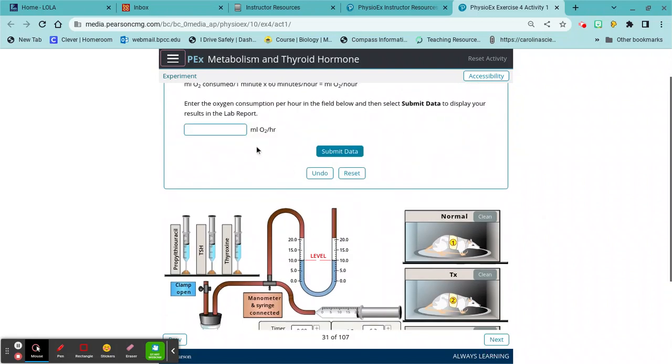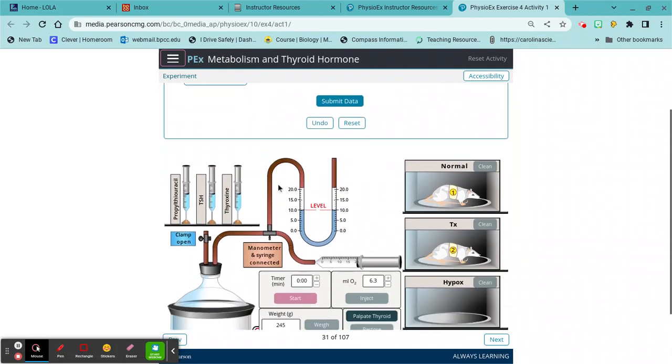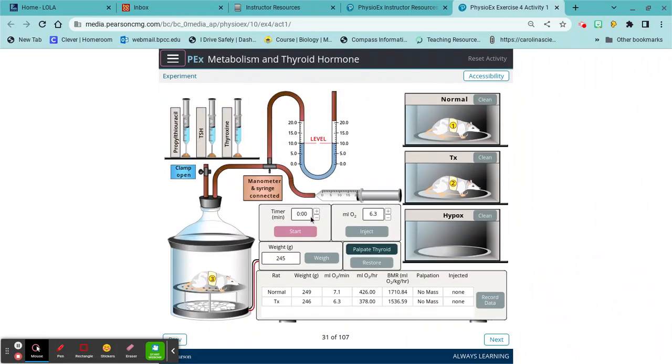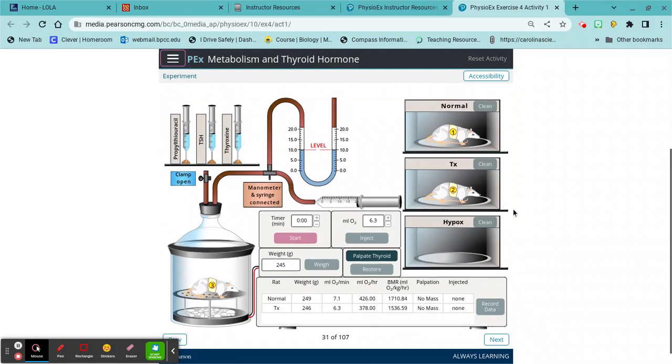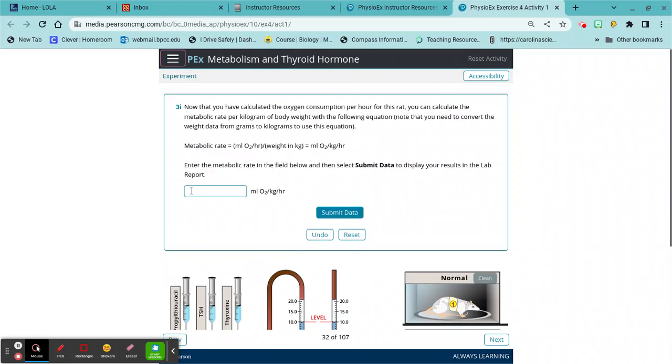And then we basically are going to do our calculations for the consumption again. So 6.3 divided by 60. Metabolic rates.